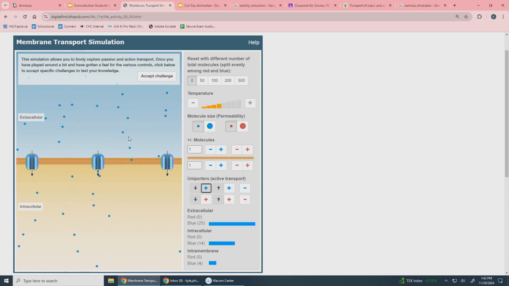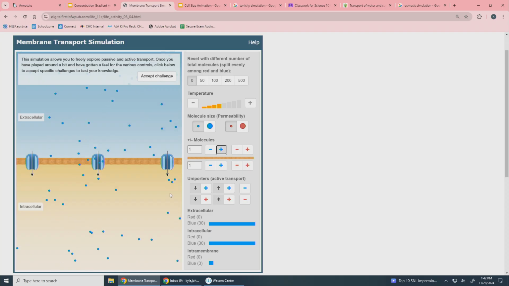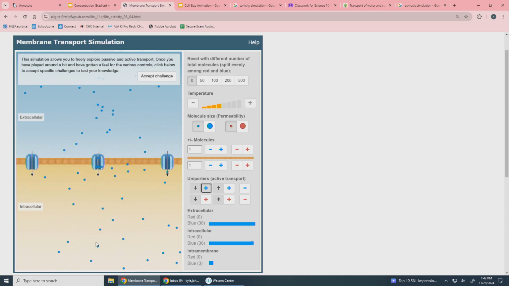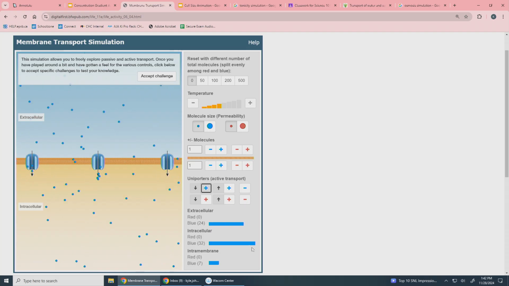This is going to mean that overall, more blue molecules should be moving into the intracellular space than in the extracellular space. So we'll just add a few more blue molecules to play with in the extracellular space here. But as we continue to keep transporting these blue molecules into the membrane, we're fighting against diffusion here, but we should see that the concentration in the intracellular space is going to be higher.